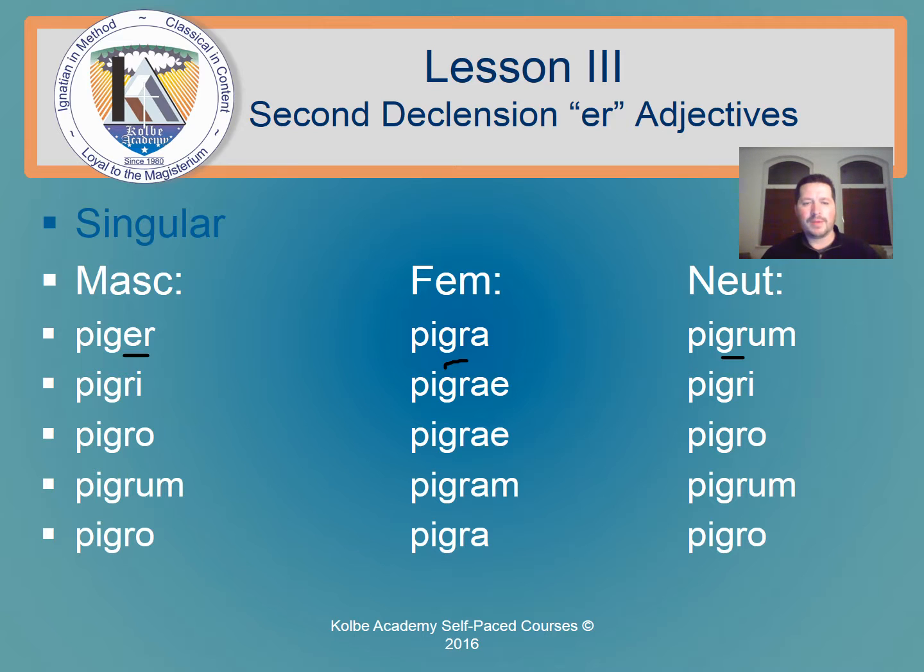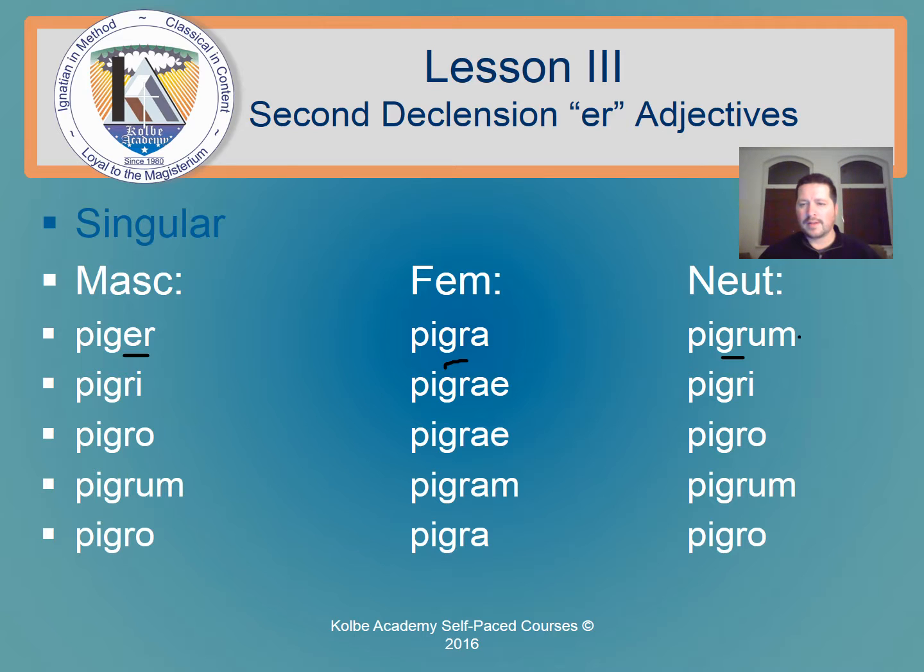You would have piger, pigri, pigro, pigrum, pigro, pigra, pigrae, pigrae, pigram, pigra, pigrum, pigri, pigro, pigrum, pigro. Now, if you were at all confused with this, then I would say go back and make sure that you can distinguish what you're supposed to do. But these endings, once you notice, the endings are just the same all through here.